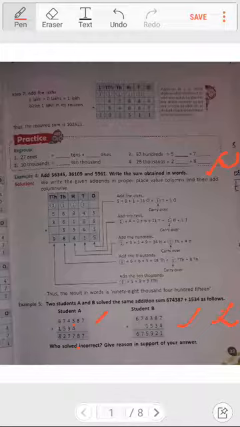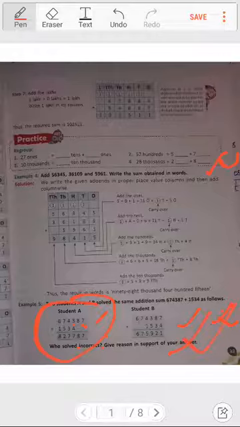So it became wrong according to place value. It has not been placed correctly. This 4 should be below 7 at the one's place, and this 3 should be below 8. So this is wrong and this is the right one.